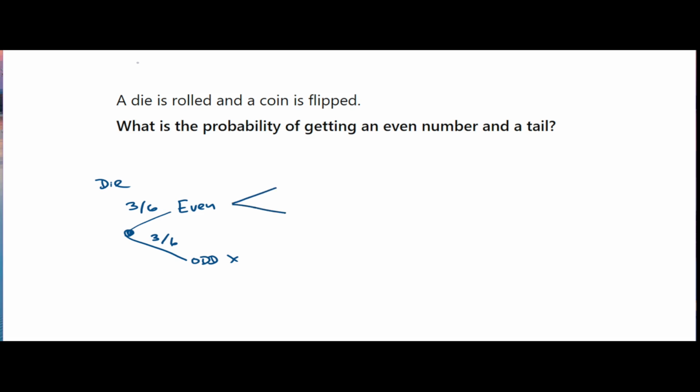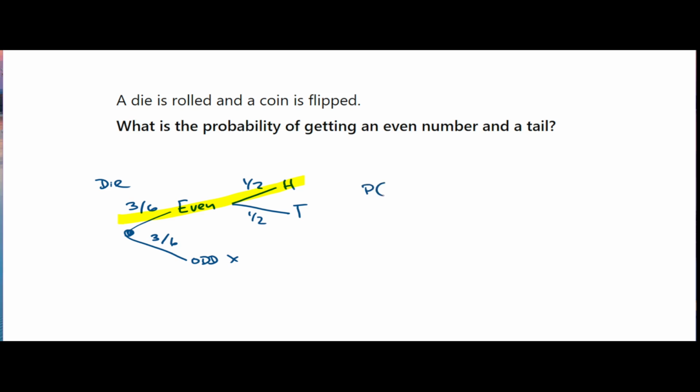Okay. So this is going to be heads, it's going to be tails. This is going to be half, this is going to be half. So even and heads, remember we multiply down the branches.